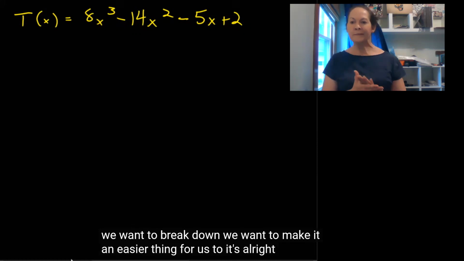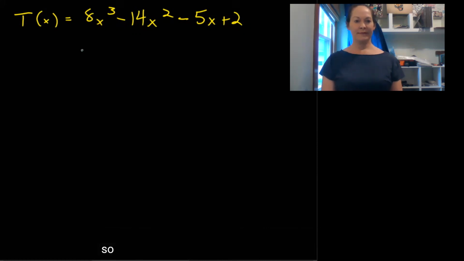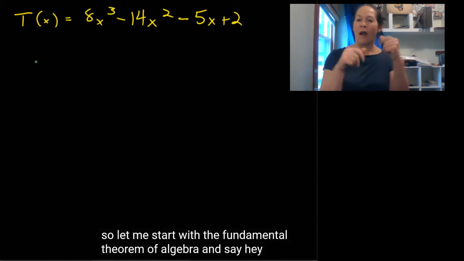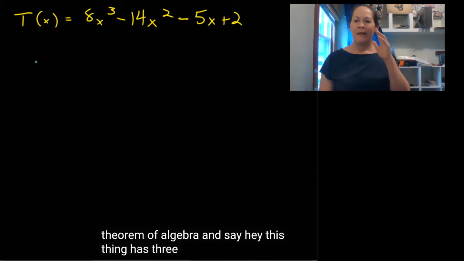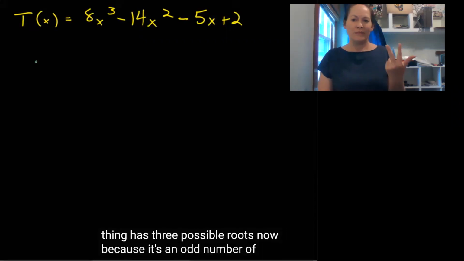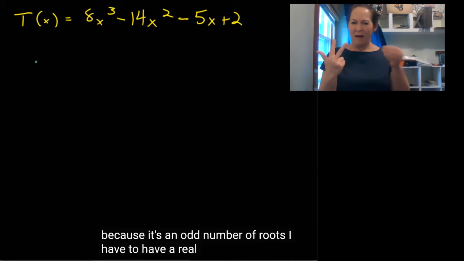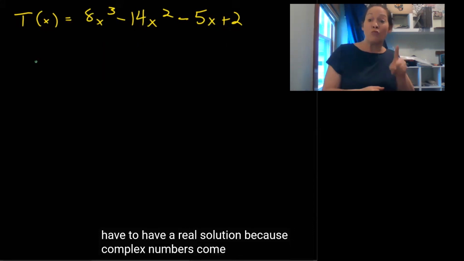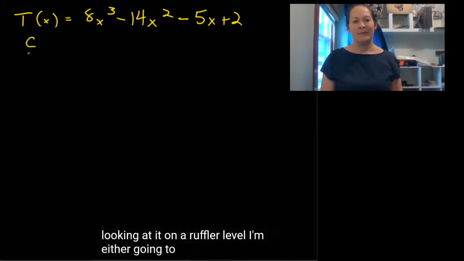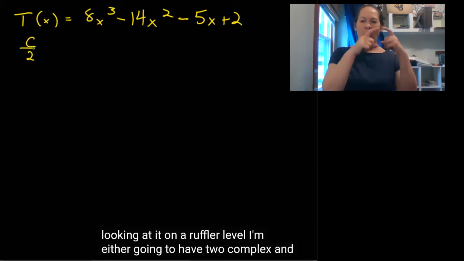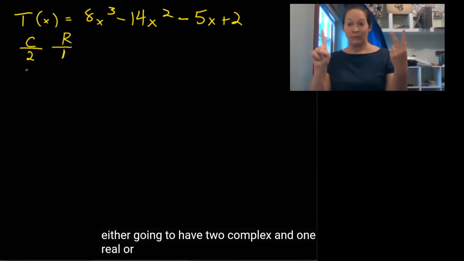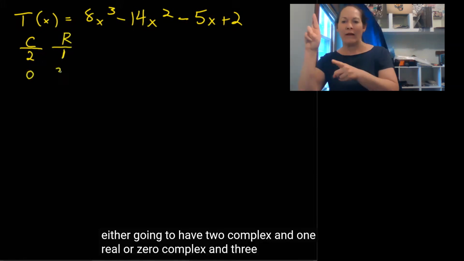So, I'm going to start with the fundamental theorem of algebra. And I want to say, hey, this thing has 3 possible roots. Now, because it's an odd number of roots, I have to have a real solution because complex numbers come in pairs. So just looking at it on a rough level, I'm either going to have 2 complex and 1 real, or 0 complex and 3 real.